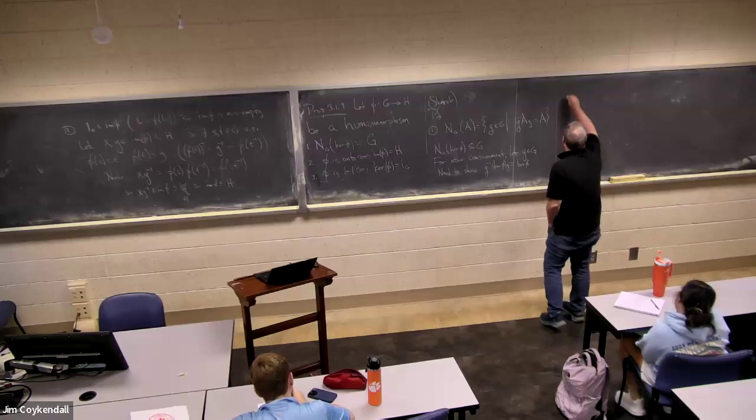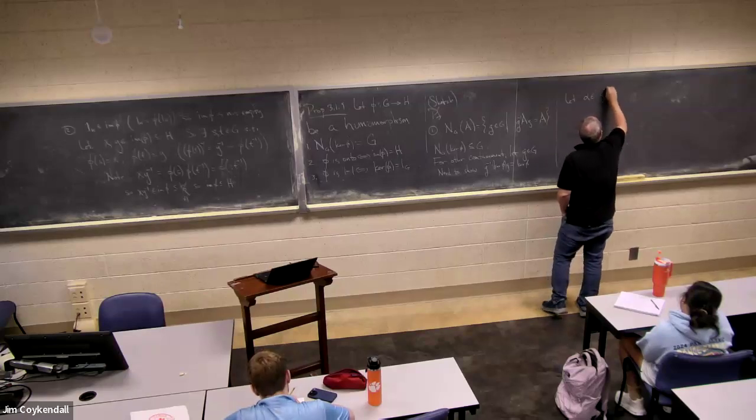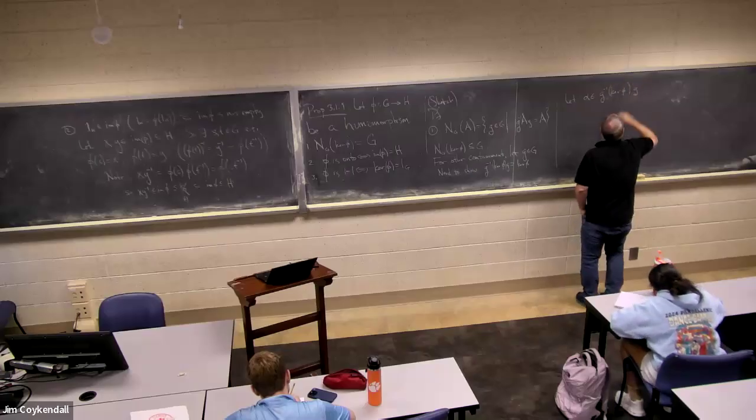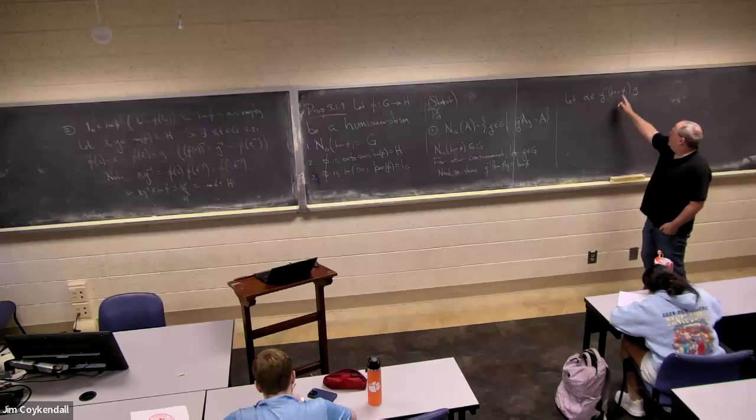So let alpha be in g kernel g inverse. This is a big set.